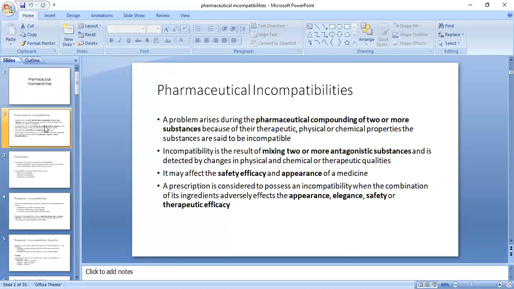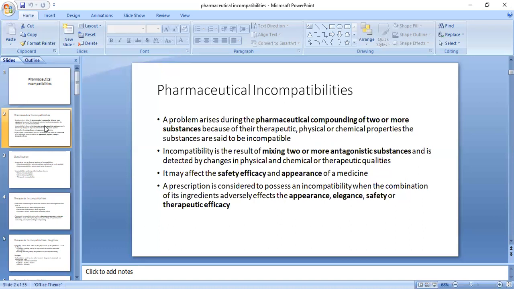Pharmaceutical incompatibilities, when we define, are a problem that arises during the pharmaceutical compounding of two or more substances because of their therapeutic, physical, or chemical properties. The substances are said to be incompatible.